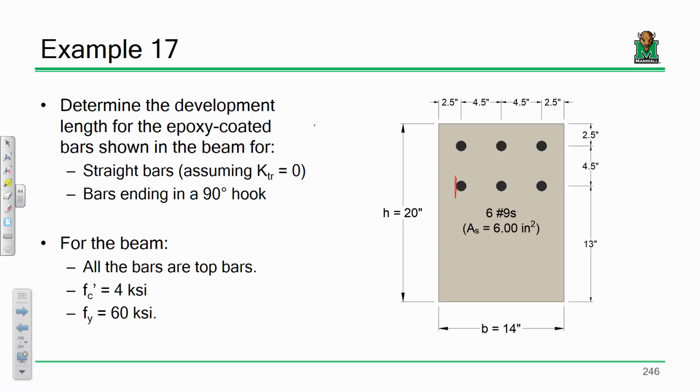Okay, so the side cover is talking about that distance right there. So in order to use a cover factor of 0.7, that distance has to be greater than or equal to 2.5 inches. My question for you, is it greater than 2.5 inches? No. It's less than, because it's 2.5 inches minus the diameter, exactly.